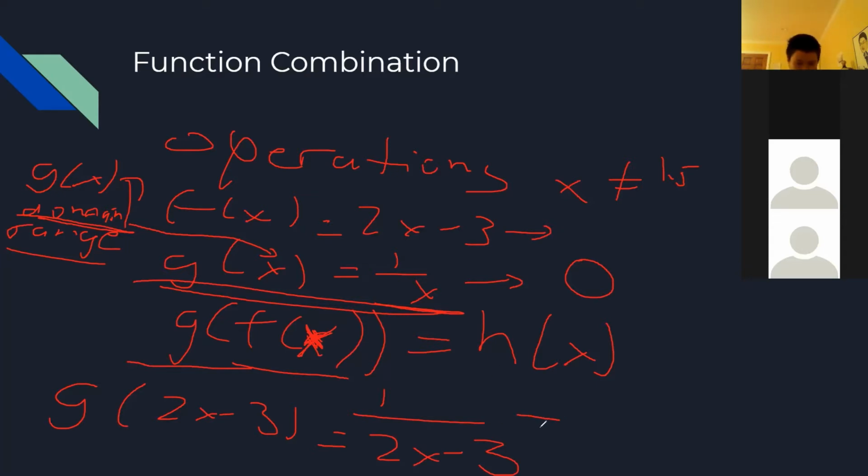Now, this has a hole in its range, as I talked about with the hyperbola, and I might talk about it later. This can't be 0, so g(x) can't be.